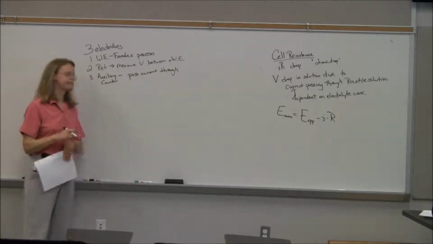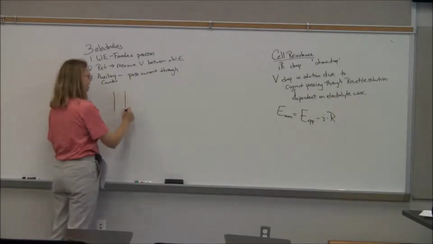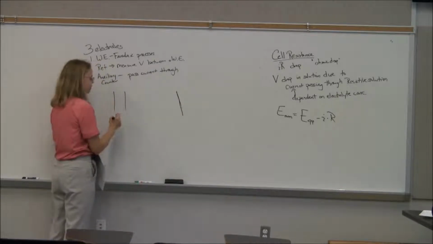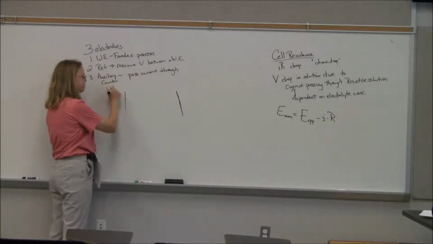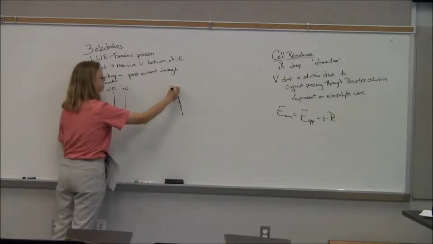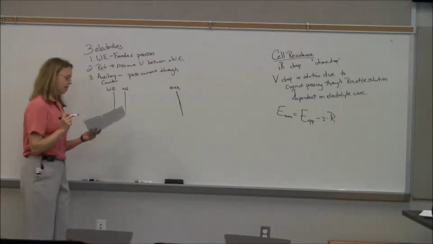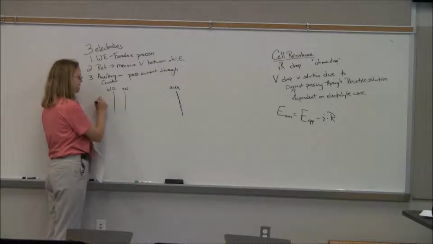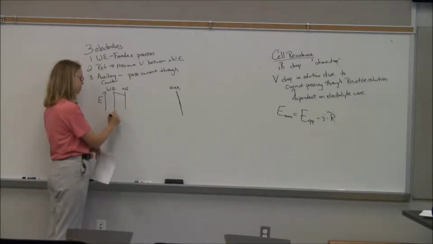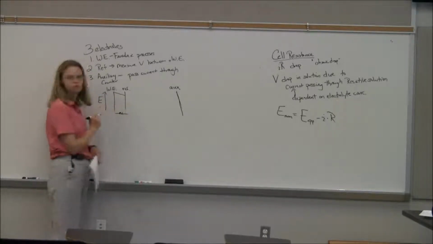Take my class to show you the 3 electrode potentiostat. For today, we're just going to do this diagram. So you have your working electrode here, reference electrode here, and say our auxiliary electrode over here. If we were to plot potential on this axis, there'd be a little bit of a drop between the working electrode and the reference electrode due to solution resistance.